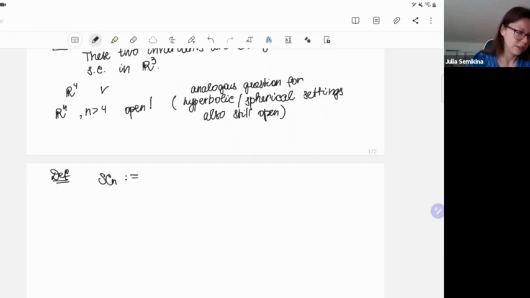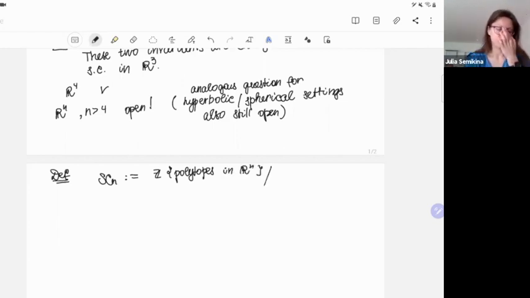So it's an abelian group generated by the set of all polytopes in R^n. And we quotient out the Scissors congruence relation.